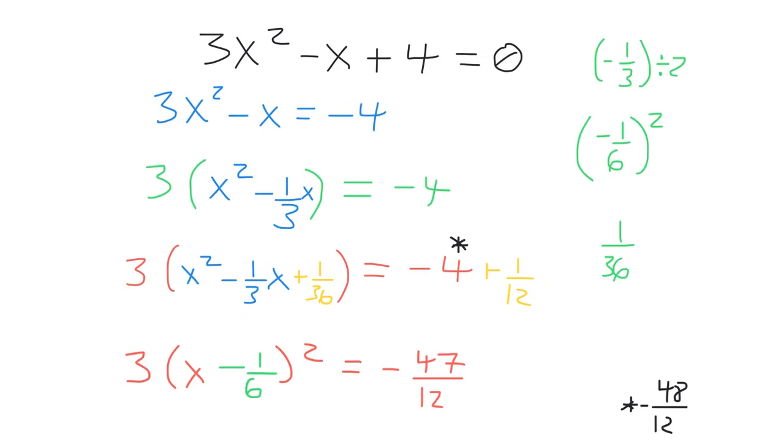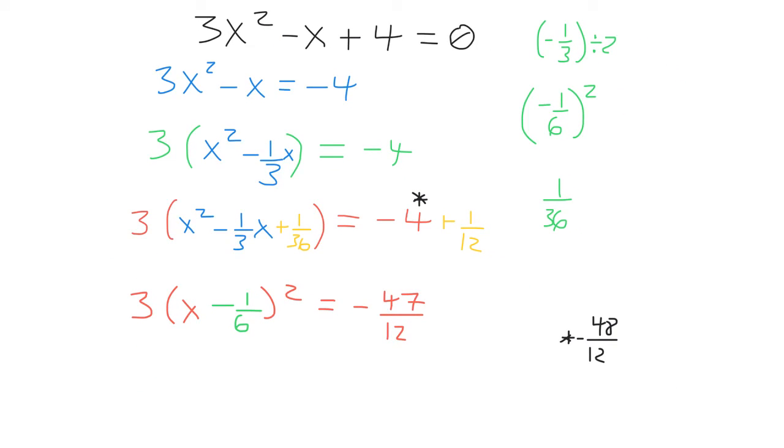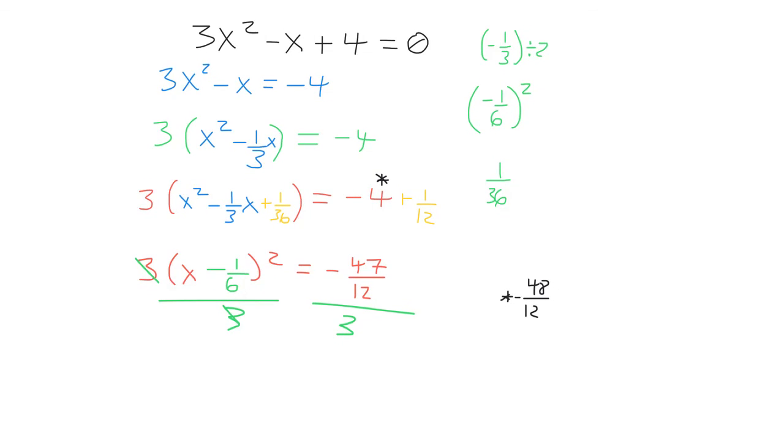All right? And then when I go through the motions even more, I can then divide both sides by 3. Divide by 3, that cancels the 3's. And then I'm left with x minus 1/6 squared equals, well, anytime I divide a fraction by 3, you could just multiply the 3 times the denominator. So we'll keep the numerator negative, so that's going to become negative 47 over 36.